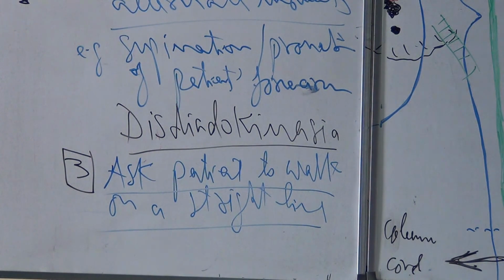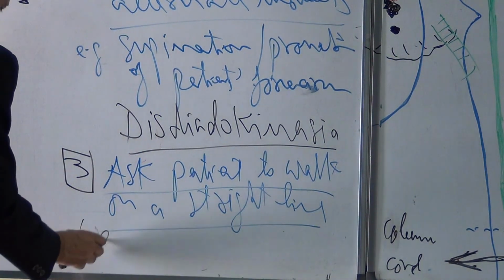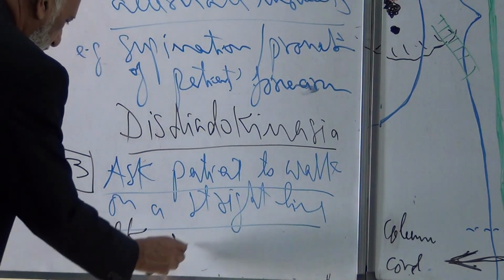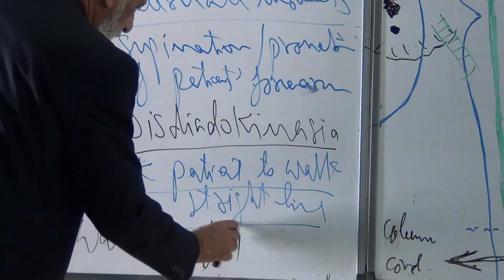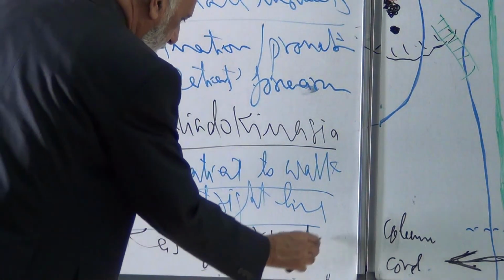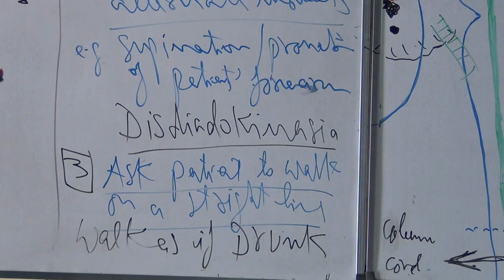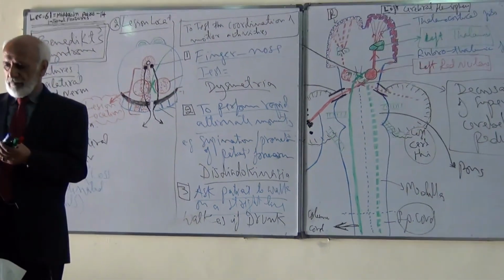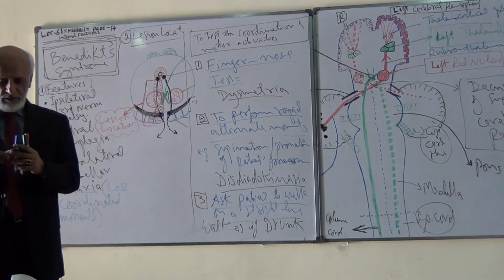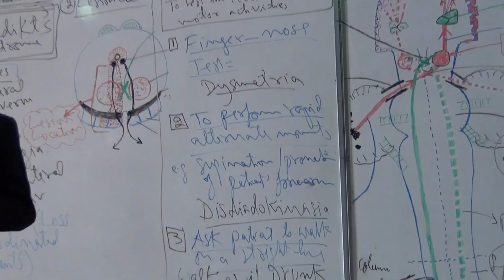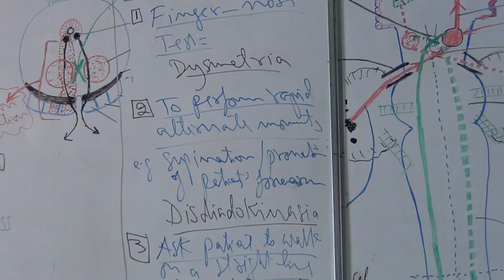But if there is damage, he will not be able to walk on the straight line. The patient will walk as if drunk. So these are some of the tests to test the coordination of the patient in case of these lesions.